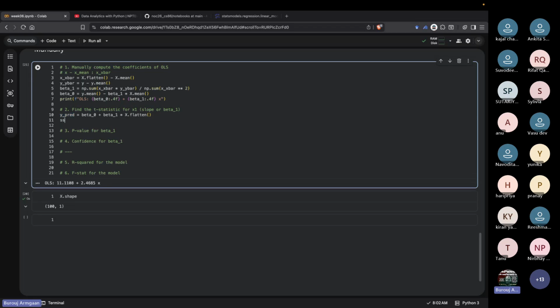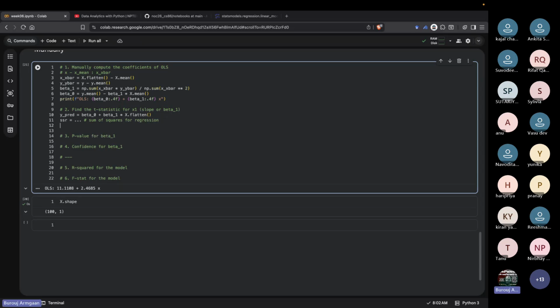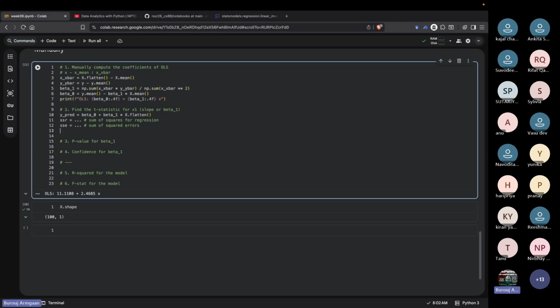Then you will compute these terms: the sum of squares for regression. You will compute SSE, which is your sum of squared errors. Then you would compute the total sum of squares.